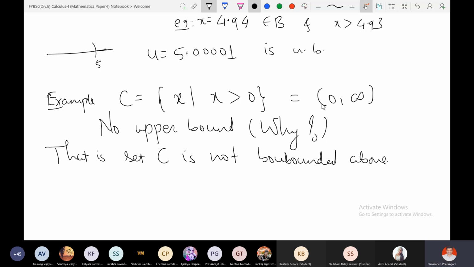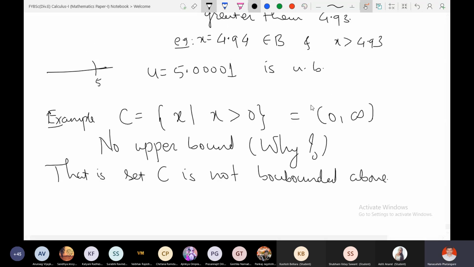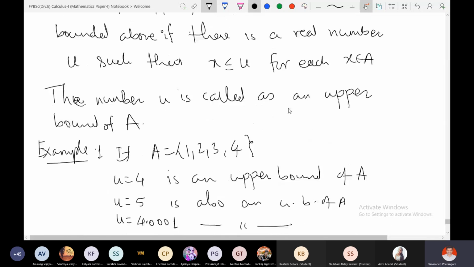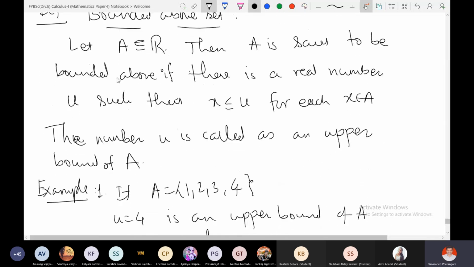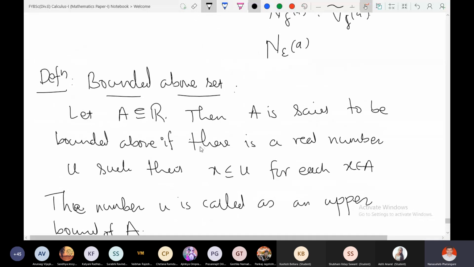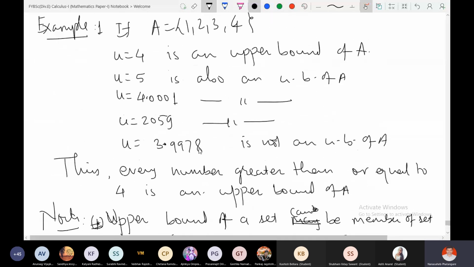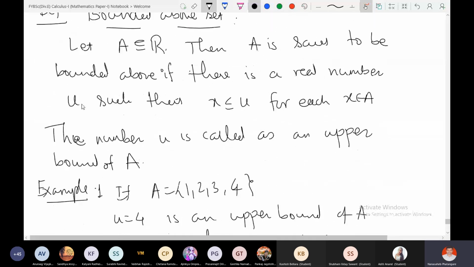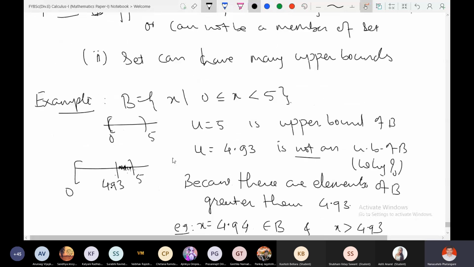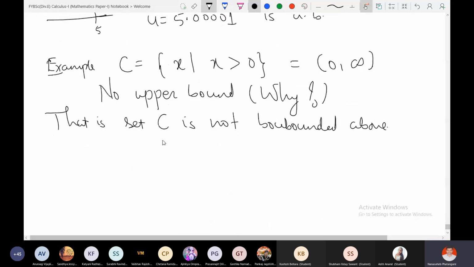What is the definition of upper bound? A set is said to be bounded above if there is a real number U that is greater than or equal to all members of the set, and the number U is called an upper bound. Set bounded above means it has some upper bound. So this set having no upper bound means set C is not bounded above.